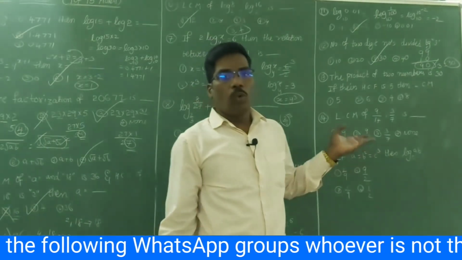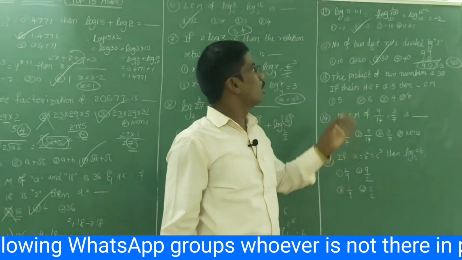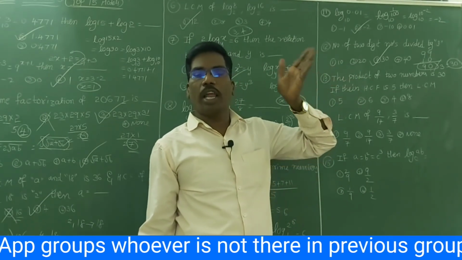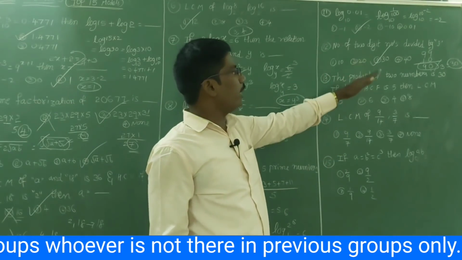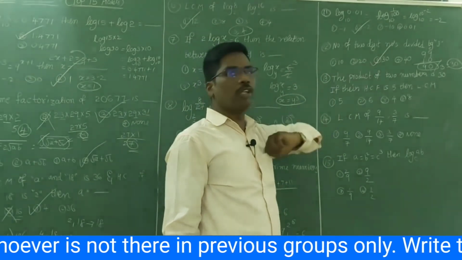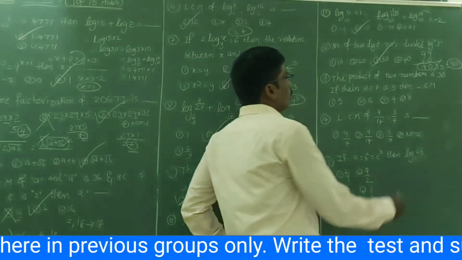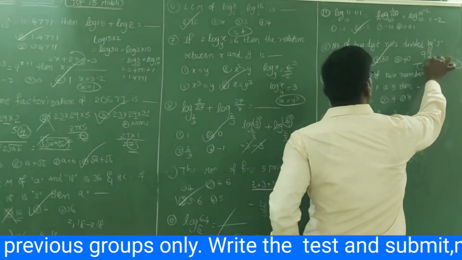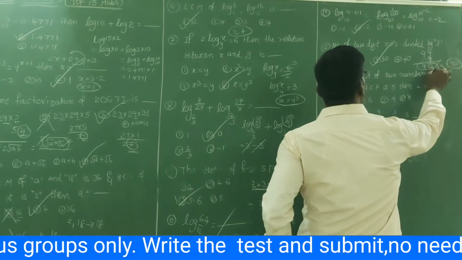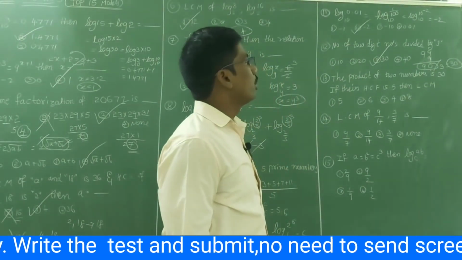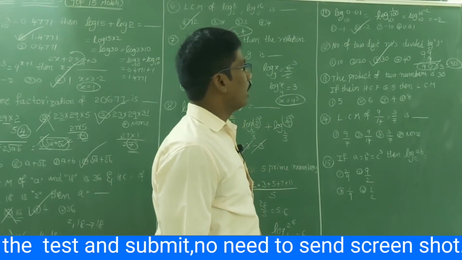The 2-digit numbers are 10, 11, 12 like that up to 99. So 90 by 3 means 3 ones are 3, that is the answer 30.